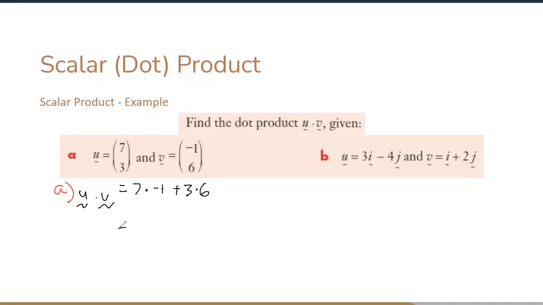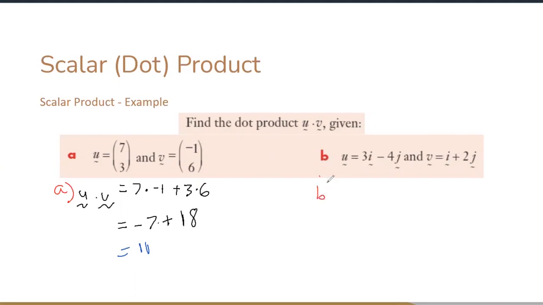And so that's going to give us minus 7, plus 3 times 6 is 18. So we're going to get a total of 11. So in this case, our dot product is 11, and it's just 11. There's no direction to that. It's just the magnitude.